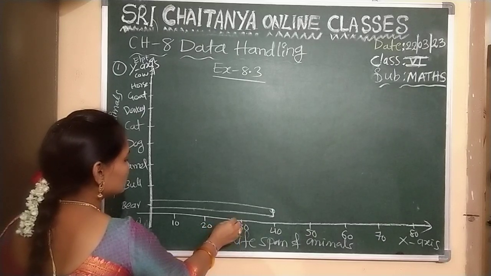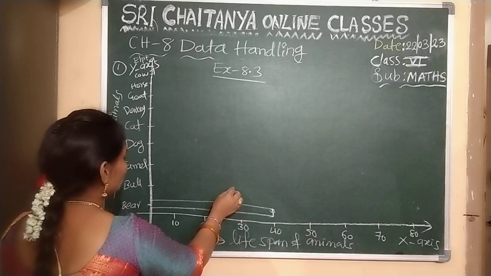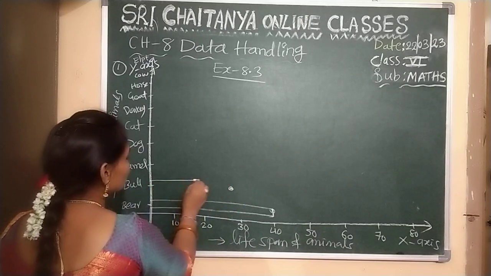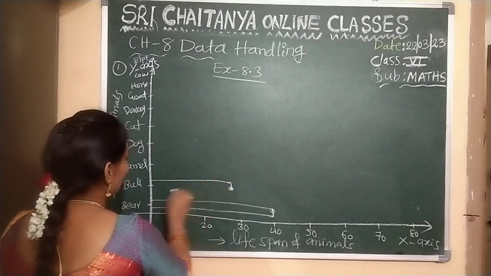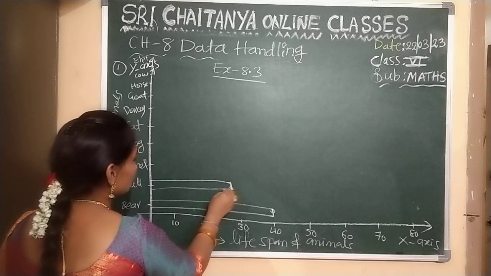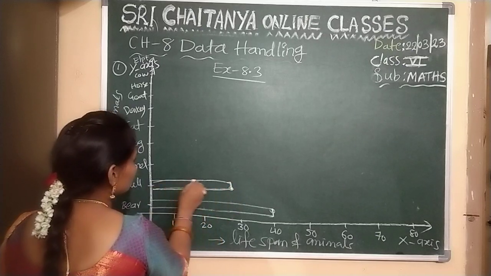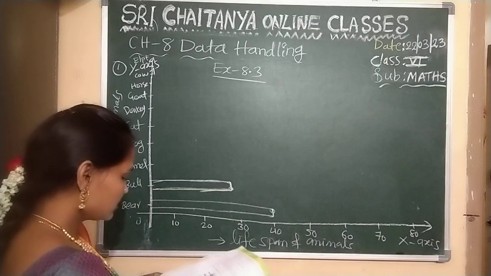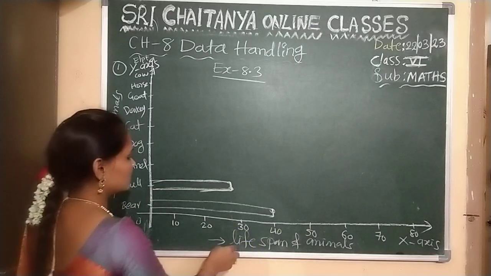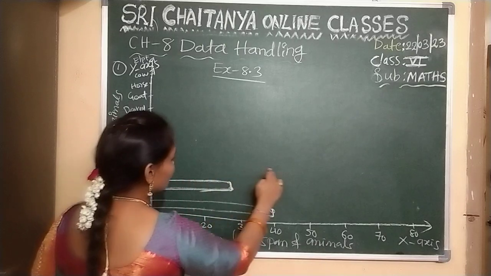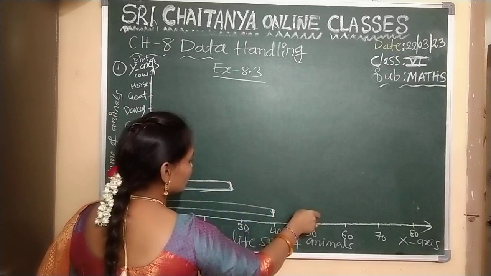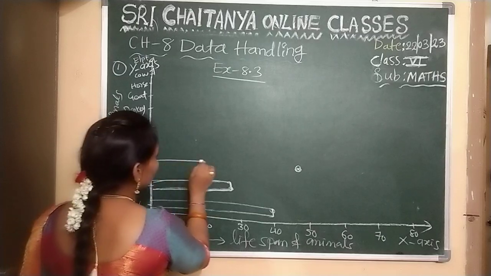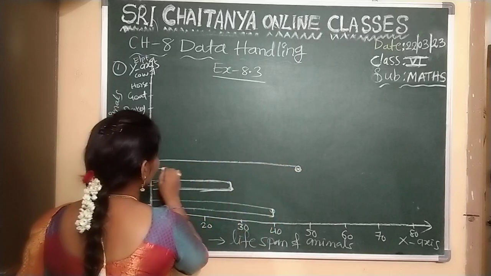Before 30, approximately you can take, but on the graph sheet you can take exactly. Next is camel, 50 years. See the 50 here. Like this you can take camel.